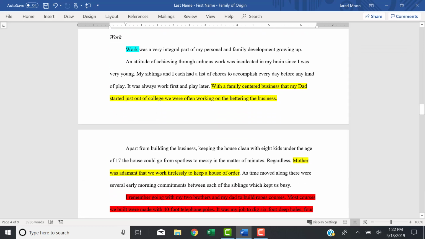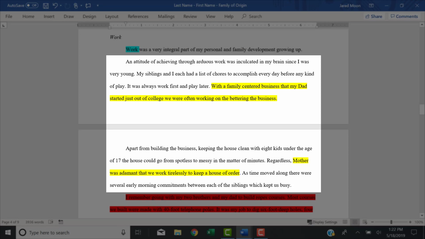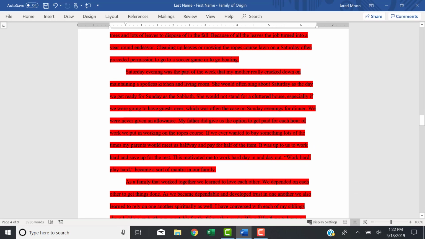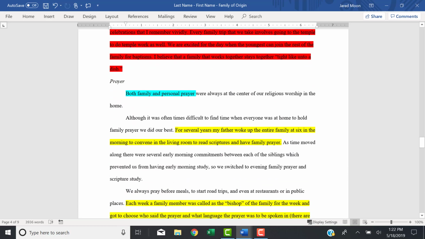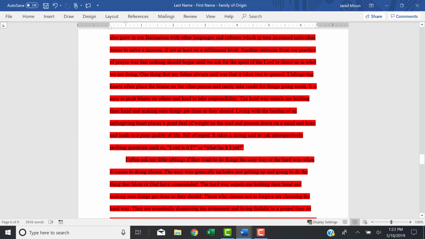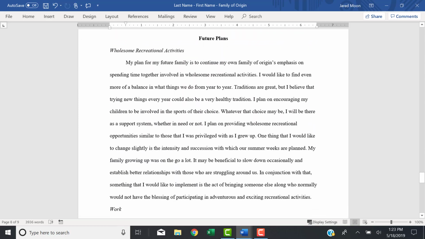Next, we have their next principle with a subheading, blue sentence for the first paragraph, two example paragraphs highlighted in yellow, and their analysis. And they do the same thing with the last principle. Blue, yellow, yellow, red. Now we get to the future plans section.